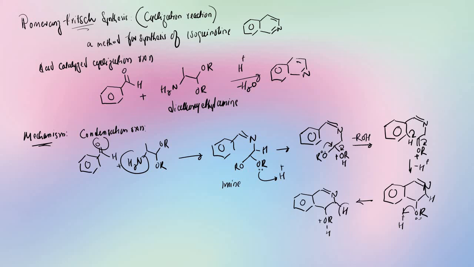This proton is lost in the next step, where its bonded pair of electrons shift over here for neutralizing or removing the alkoxy group. So ultimately we get isoquinoline by this mechanism. Here we have nitrogen. Here we have double bond, a proton loss takes place, so we get isoquinoline.